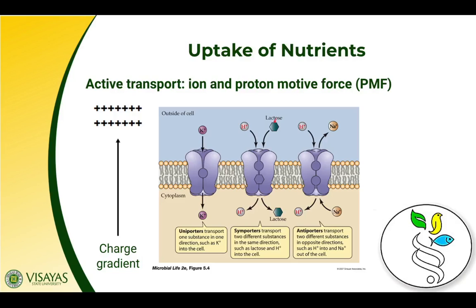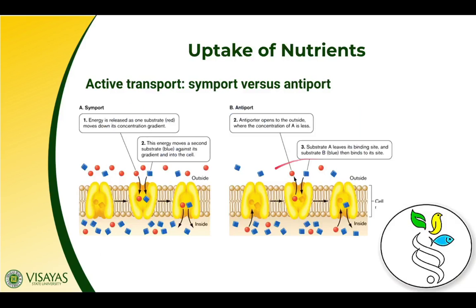So a proton is transported in this direction, and opposite to that, sodium is transported out of the cell. So these are what we call secondary active transport. This is what we call co-transport, symport and antiport.